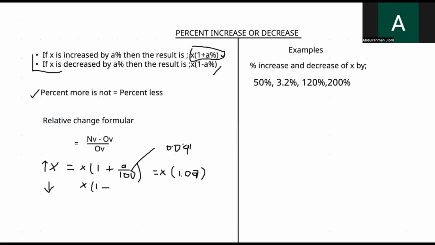So that will be 1 minus 0.0A. That will be X times 1 minus 0.0A.